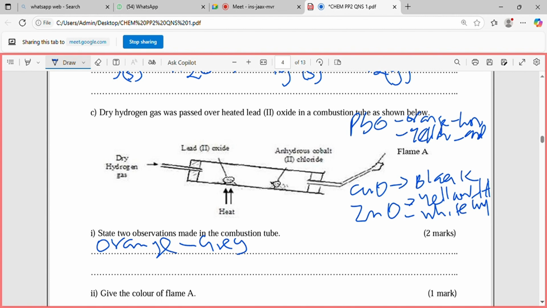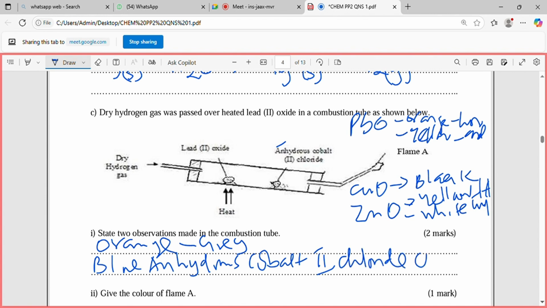You say a colorless liquid is formed which changes blue anhydrous cobalt(II) chloride to pink.